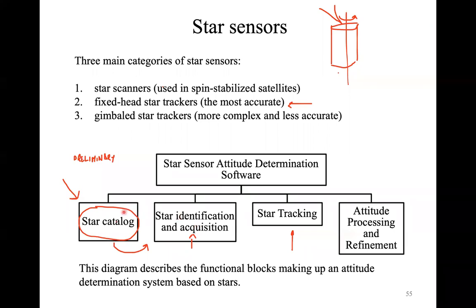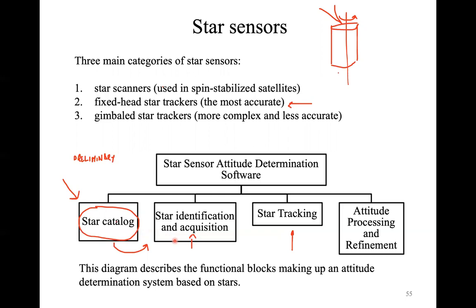The problem is that when you have to upload the map, identify and acquire the stars, this operation takes a few seconds, from 3 to 5, even up to 10 seconds. So for the operation of a gyroscope, you're not able to do these 2 stages every time that you need an observation from the star tracker, because this operation is really time consuming.